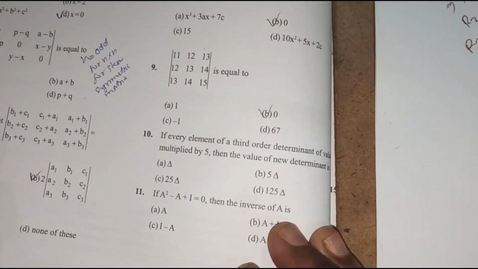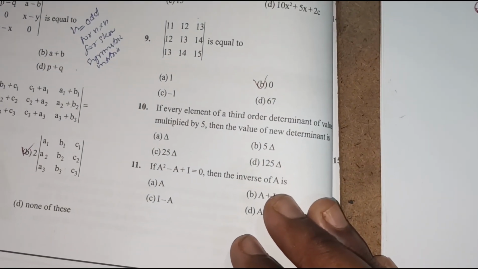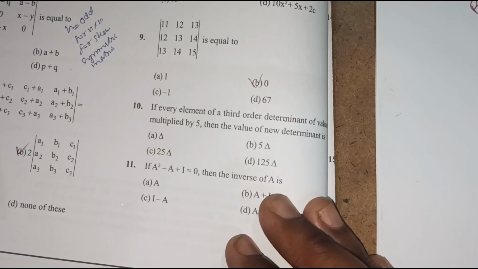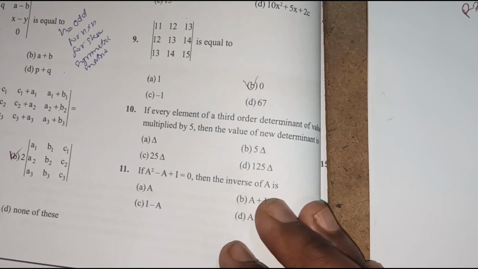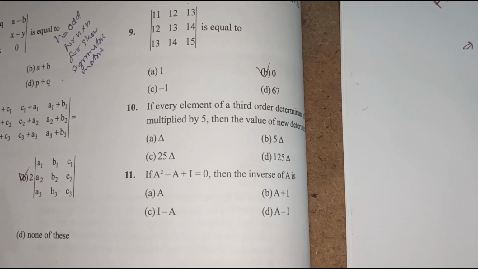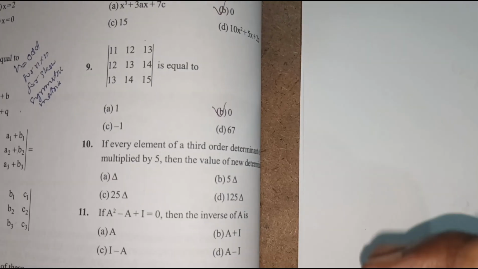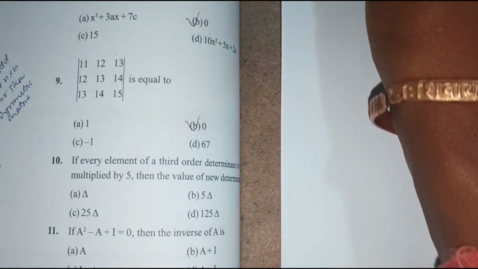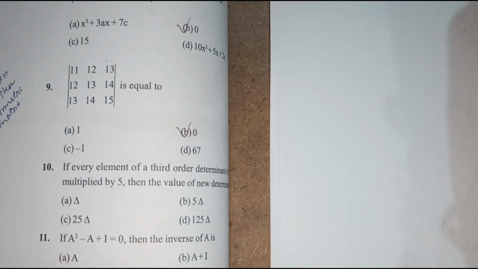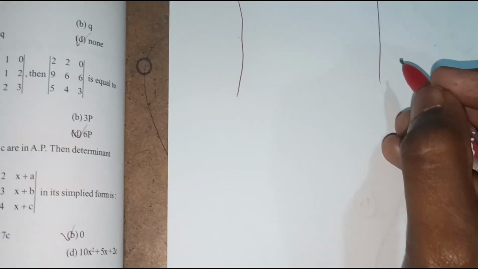So here, if every element of a third order determinant is multiplied by 5, then the value of the new determinant is... So it's a simple problem. Third order determinant is what here? A square matrix of 3 into 3, a 3 by 3 matrix.